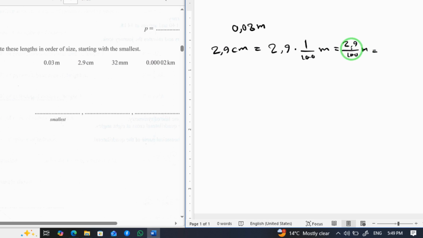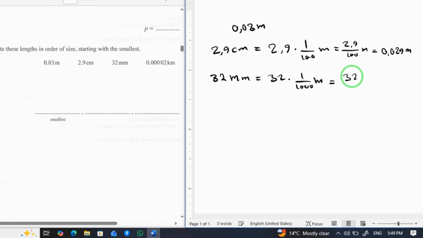Then move the decimal point to the left two places. Here 0.029 meter. Then we convert 32 millimeters to meters. 32 multiplied by 1 over 1000 meter, because 1 millimeter is equal to 1 over 1000 meter.